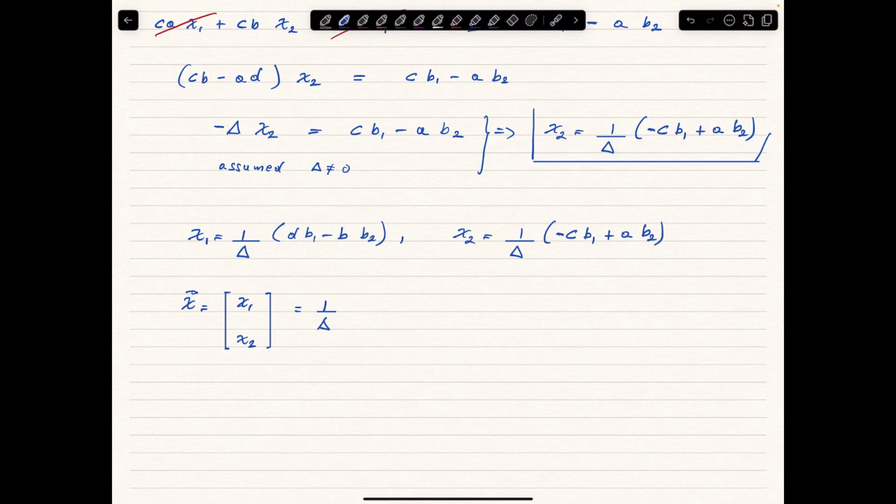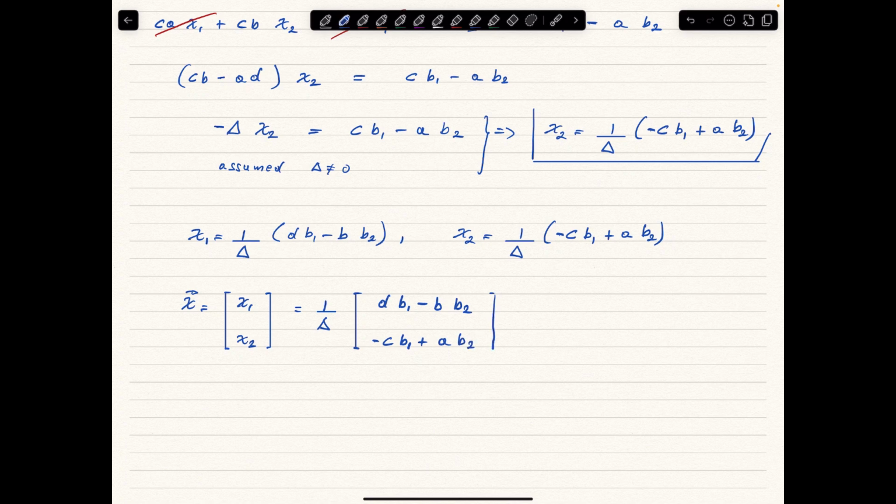And then what do we have in the components? Well, the components are going to be b1 minus b2, and the other component is going to be minus c b1 plus a b2.